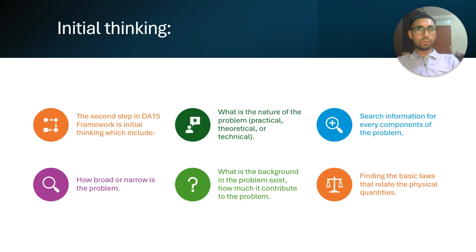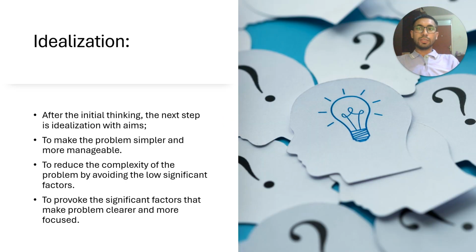So how much do those vibrations contribute to the problem? Then we should also find the basic physical laws, governing laws that can relate physical quantities. So this is all about the initial thinking.